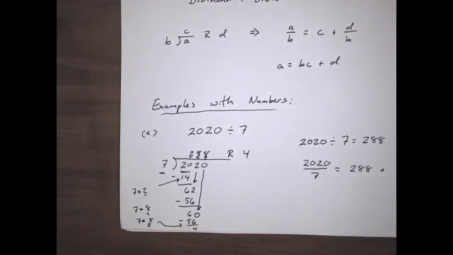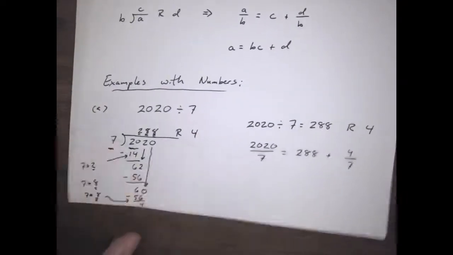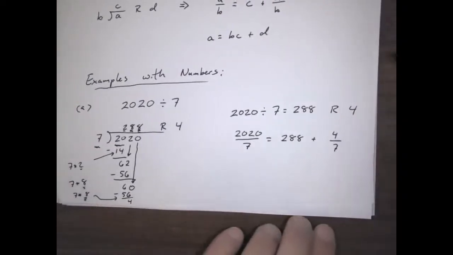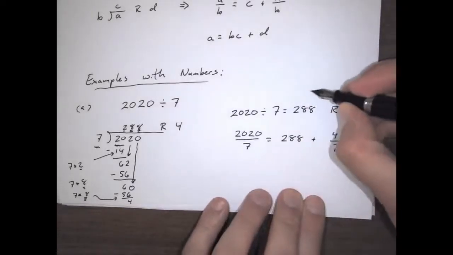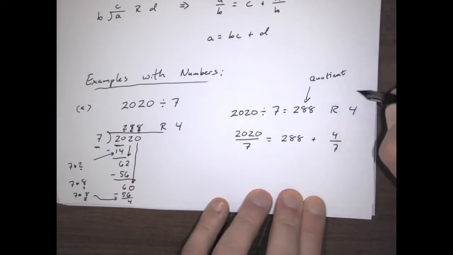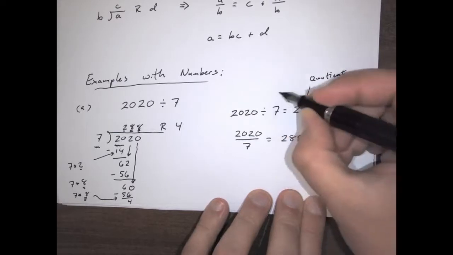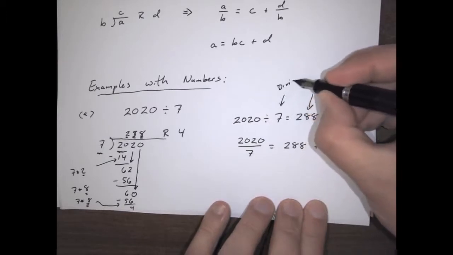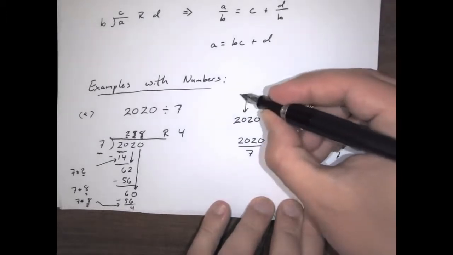We couldn't break them up into any more 7s, and so what we're left with is 4 odd parts out of a 7. There's 4 sevens there. So here what we have is the quotient and the remainder. This one is the divisor and the dividend.